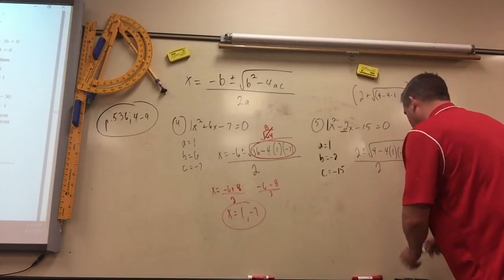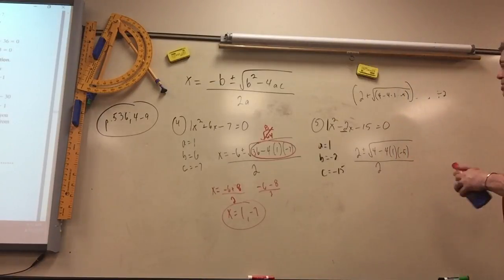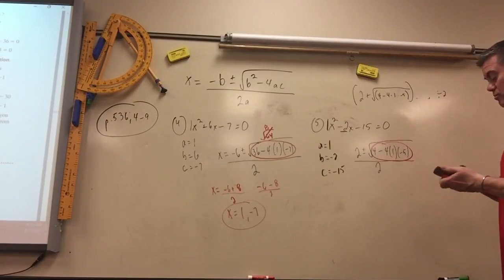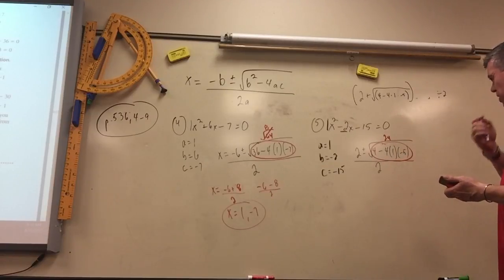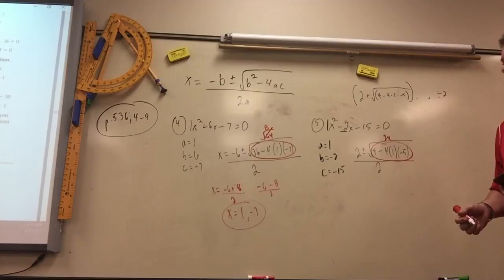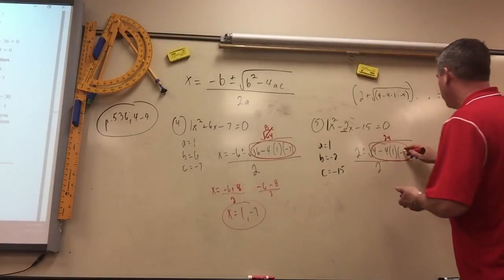But again, what I like to do is just figure out this part. So this is 24, right? Isn't it supposed to be negative 15? Oh, I got the wrong number.